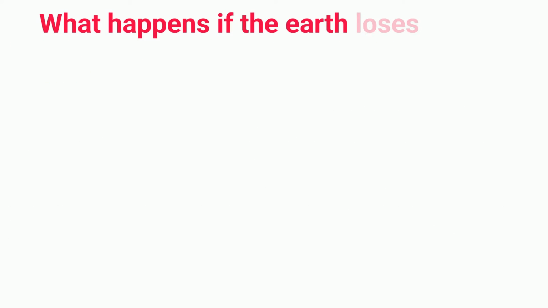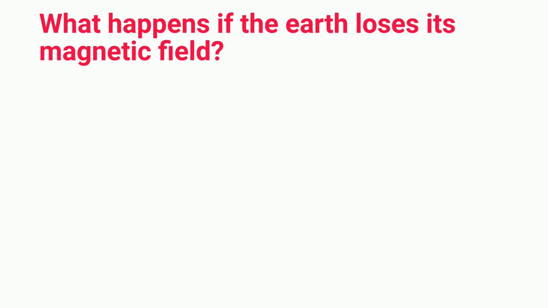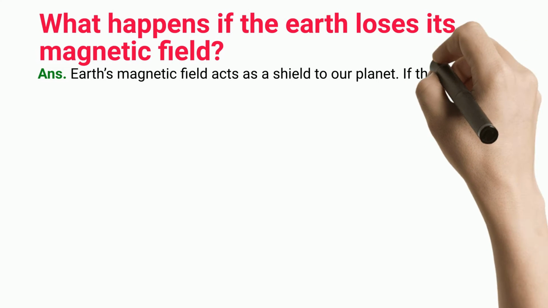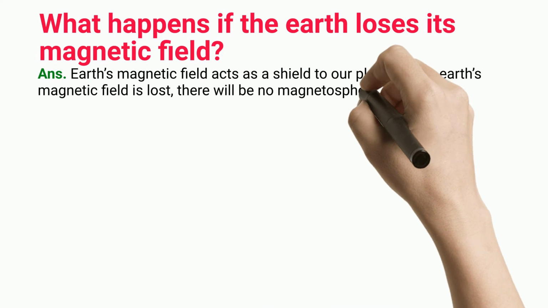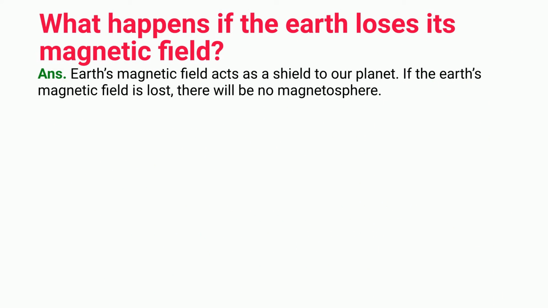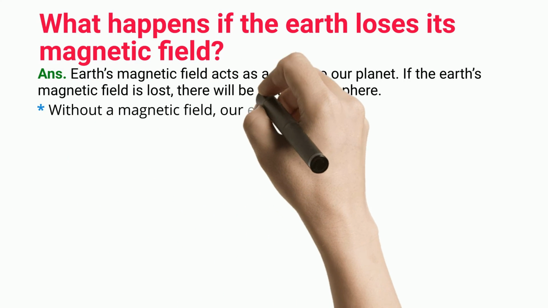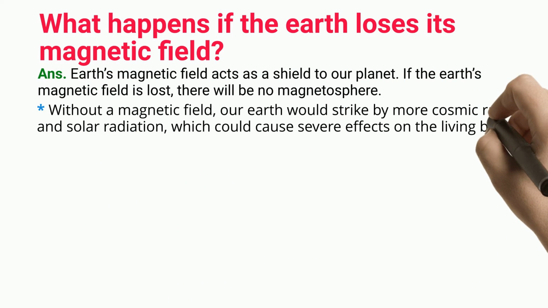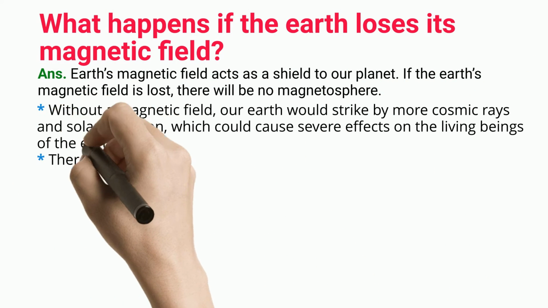What happens if the Earth loses its magnetic field? Earth's magnetic field acts as a shield to our planet. If the Earth's magnetic field is lost, there will be no magnetosphere. Without a magnetic field, our Earth would be struck by more cosmic rays and solar radiation, which could cause severe effects on the living beings of the Earth.